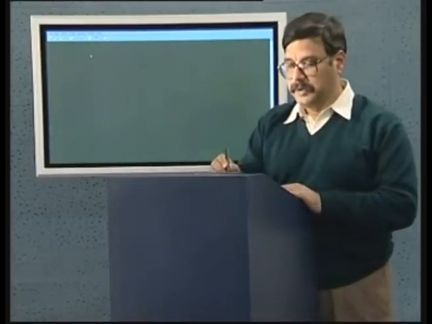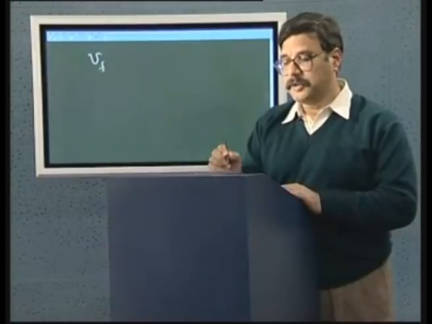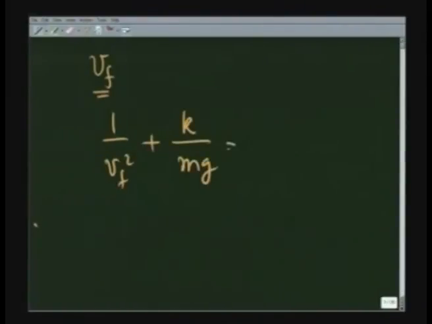I'll leave it for you as an exercise that when it comes back with velocity v final, the relationship between v final and v initial square is 1 over v final square plus k over mg is equal to 1 over v initial square.